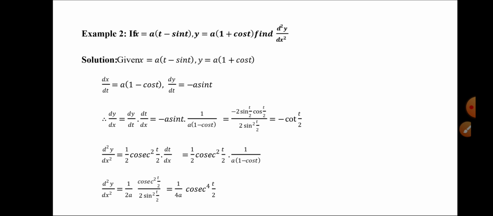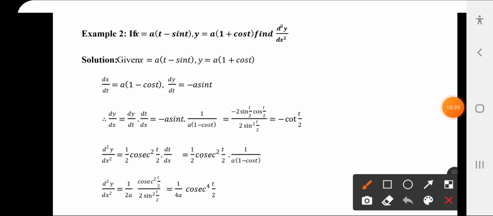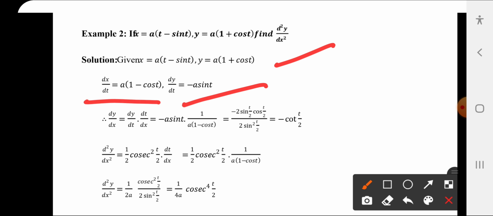x equal to a into t minus sin t, y is equal to a into 1 plus cos t. Find d square y by dx square. So x is given, y is given, we find dx by dt, which is a into 1 minus cos t, and dy by dt, which is a into sin t.